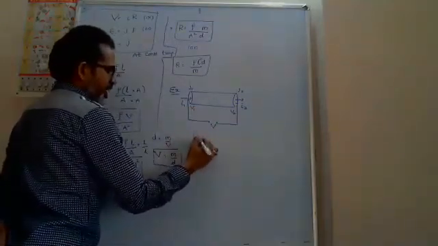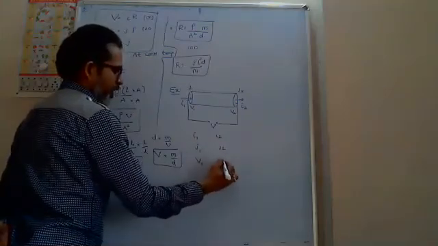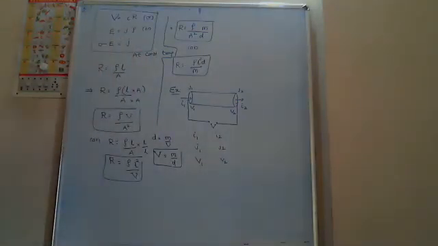How to relate I1, I2, J1, J2, and V1, V2? Suppose that is one example.